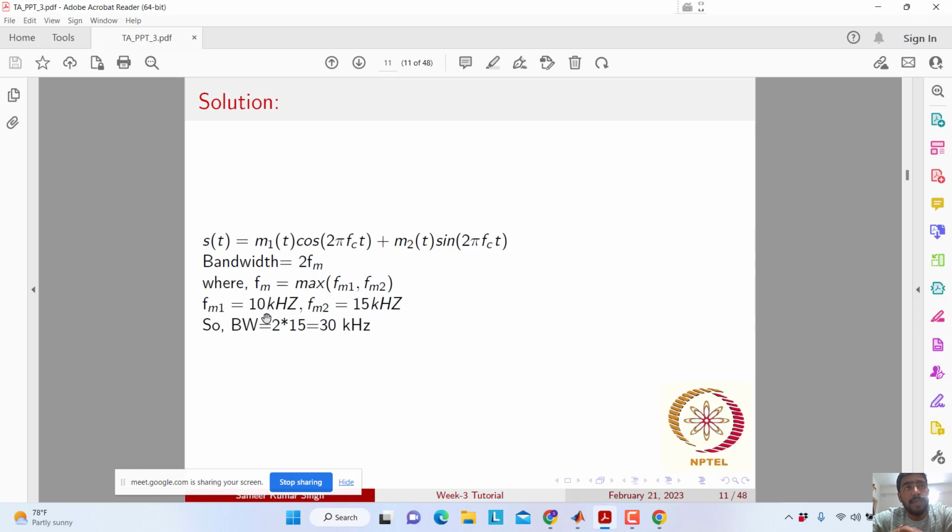There fm1 is given as 10 kilohertz and fm2 as 15 kilohertz. So we pick the maximum value, and we get fm equal to 15 kilohertz. From there we get our bandwidth: bandwidth is equal to 2 times fm, and it will become 30 kilohertz. That is clear?